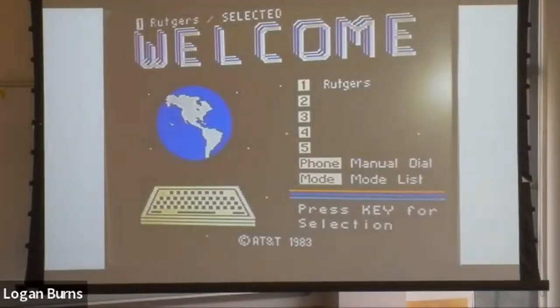This is for Rutgers, a dial-up service from 1983. Did you know that Rutgers had a dial-up service in 1983? Anybody in New Jersey could actually use this, but this one was made specifically for Rutgers in a partnership with AT&T. This is an example of an expert system supplied by the university. The people who called in actually had it on their television sets. You had a little console, and you would actually communicate with it.